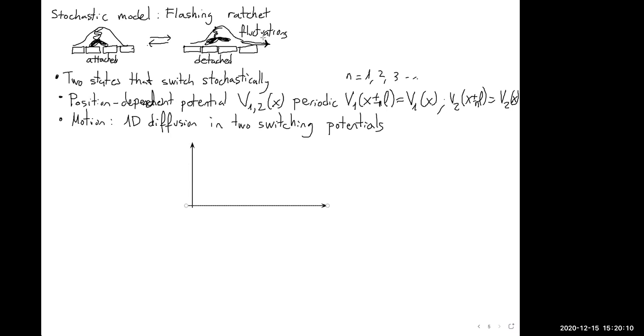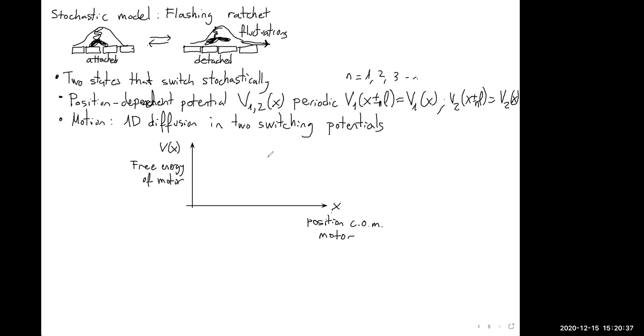This will be x, and here this will be V(x). The potential is the free energy of the motor, and x is the position of the center of mass of the motor.